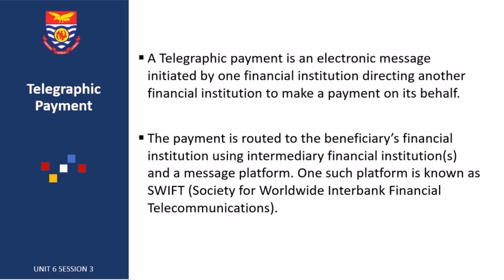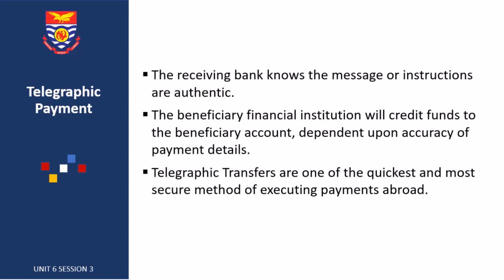One such platform is known as SWIFT, the Society for Worldwide Interbank Financial Telecommunications. In the rural banking sector in Ghana, it is the Apex Bank that does some of these transactions on behalf of the various rural banks. So that's a telegraphic form of payment.